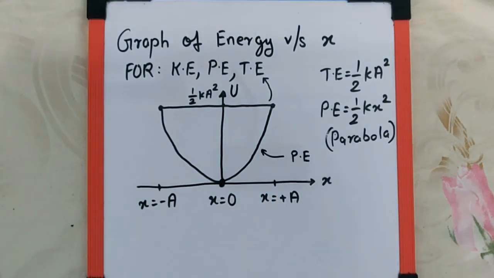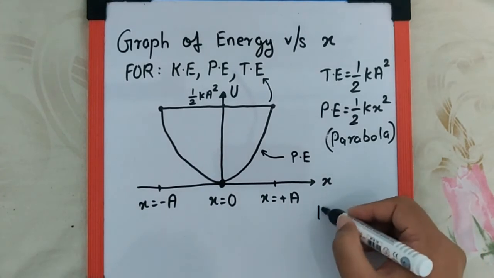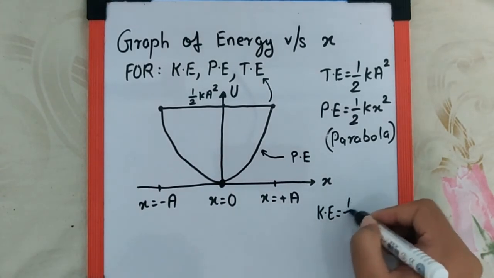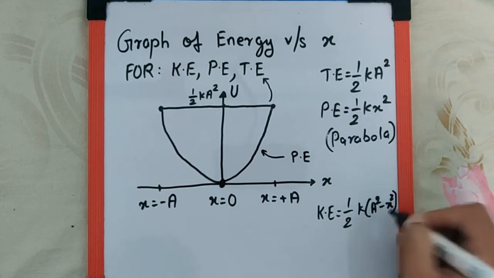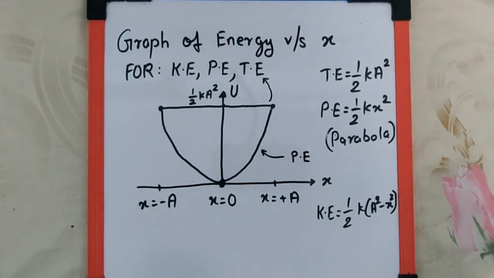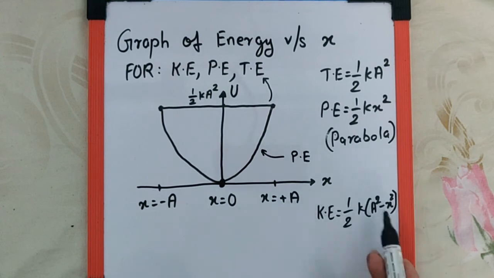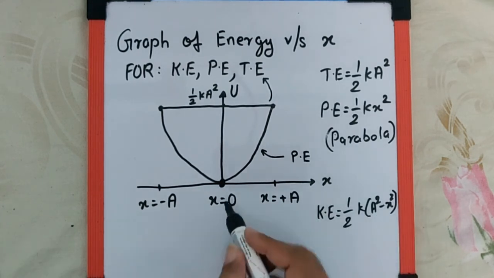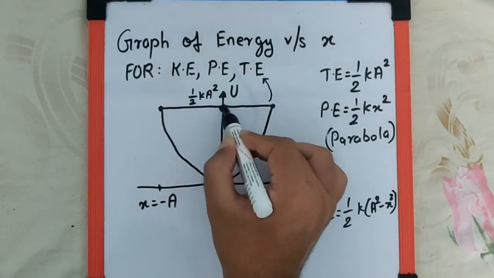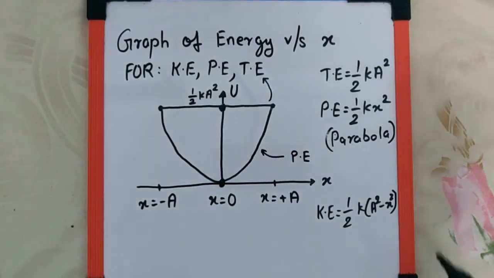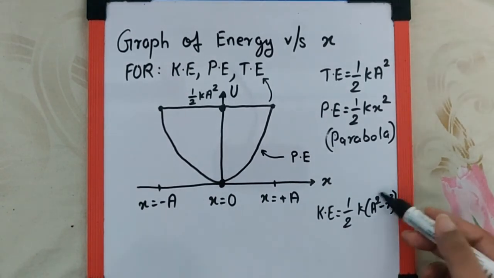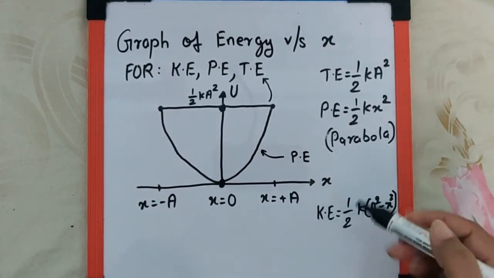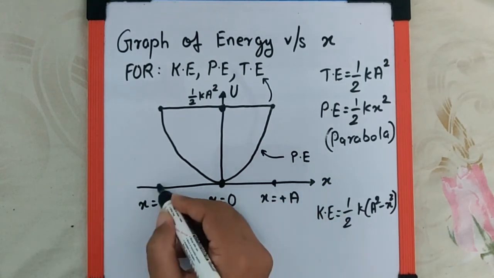Now the last one, kinetic energy, is half k a square minus x square. Now if we put x equal to 0 over here, we get kinetic energy as half k a square, which means for x equal to 0, the kinetic energy is the maximum. And if we put x equal to plus or minus a, we get a square minus a square, 0, which means kinetic energy becomes 0 at the extreme values.